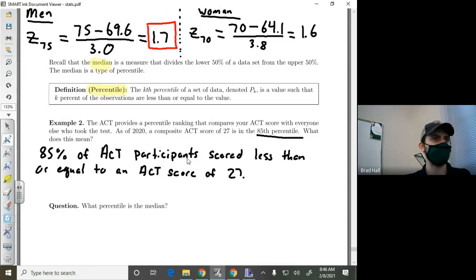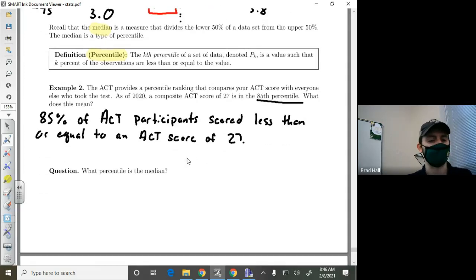So we did say that the median is a percentile. What type of percentile would the median be? So that's a question I ask you all. What type of percentile is the median? It's the 50th percentile.